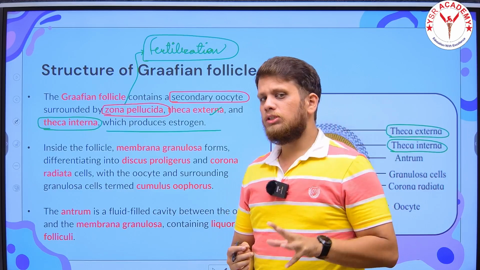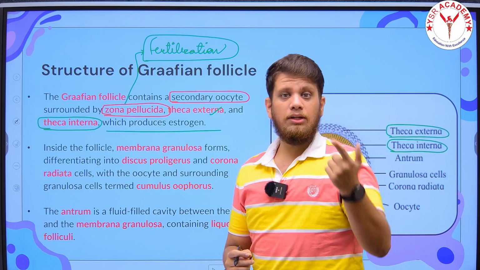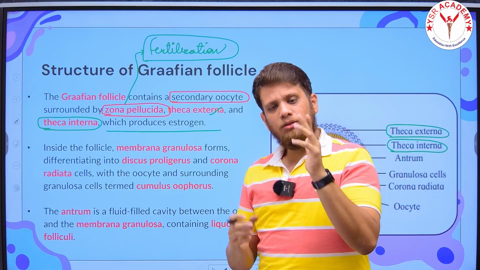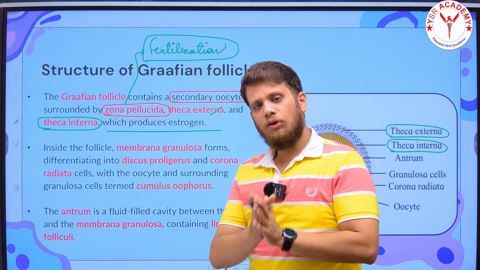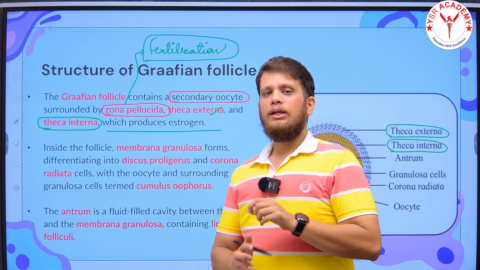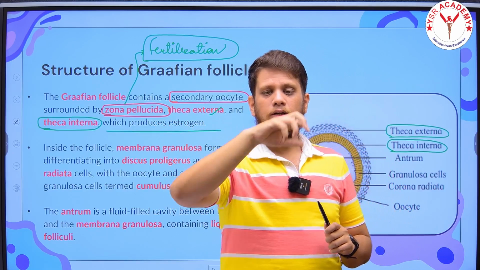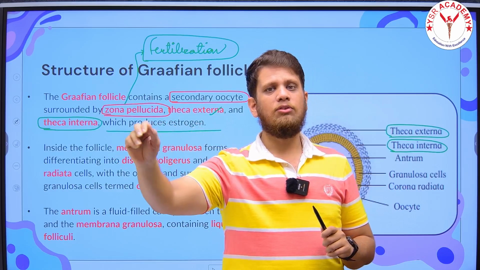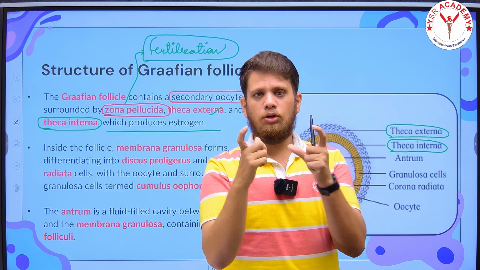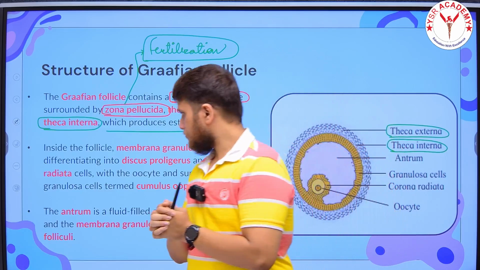Estrogen is the hormone released by the theca interna of the Graafian follicle. Only when you have the Graafian follicle in place do you have interna, and only when you have interna do you have estrogen. It can never happen that estrogen is present but the theca interna of the Graafian follicle is not. The two go together synonymously and are mutualistic.